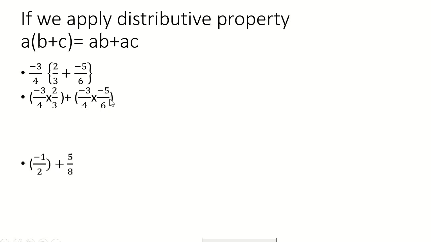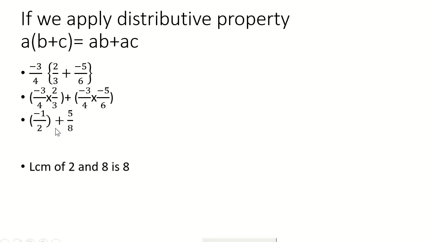As we can see that 3 divides 3 and 2 divides 4, so after solving we have minus 1 by 2. Similarly, 3 divides 6, we get 2 in the denominator, and minus into minus is plus, so we have 5 by 8 as the simplified form. Now we have to just add these two.